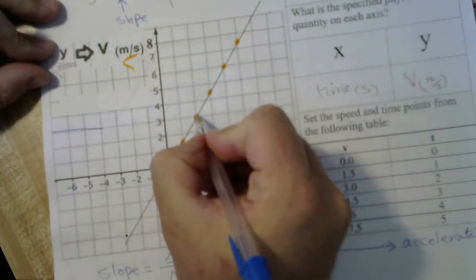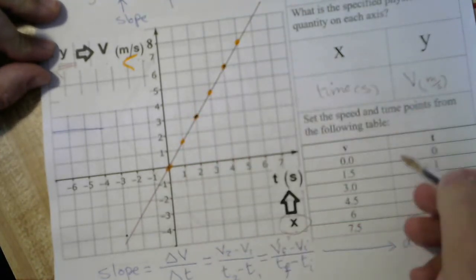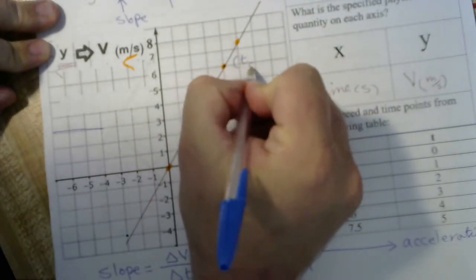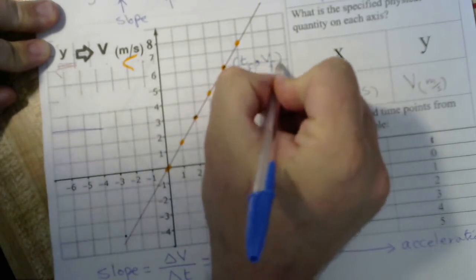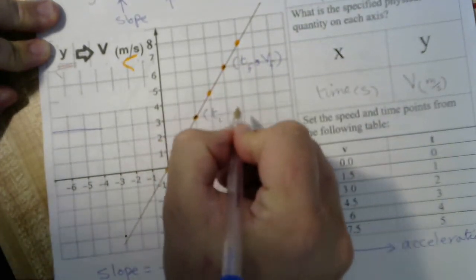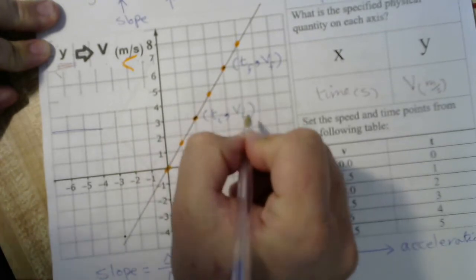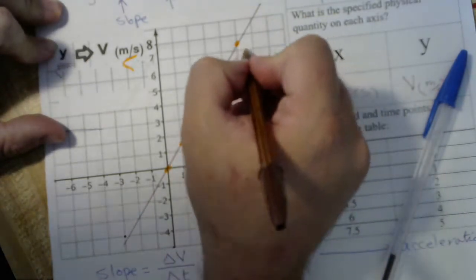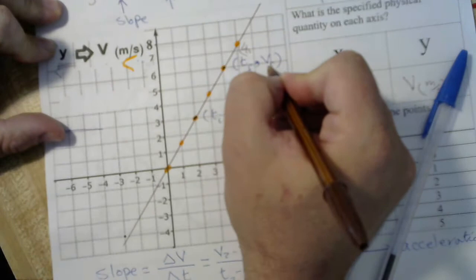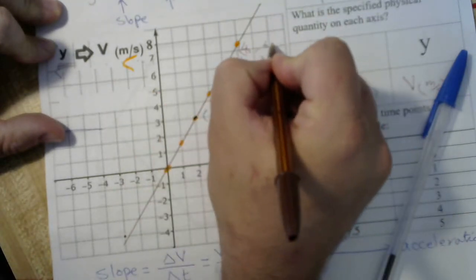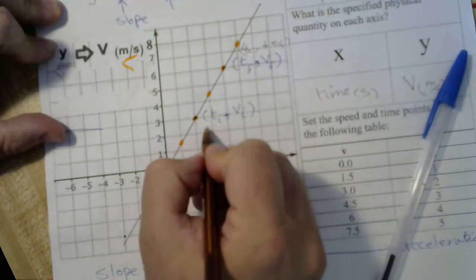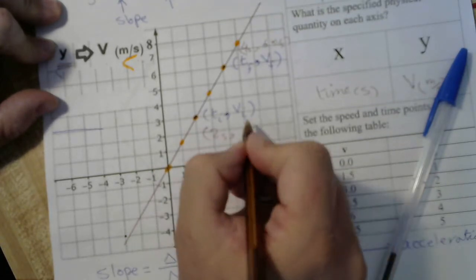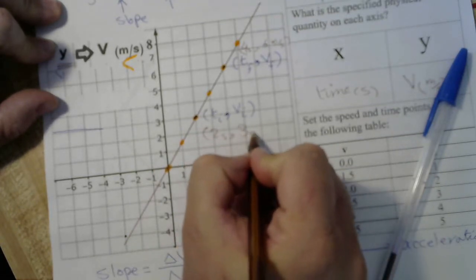I can take these from the table: t final and v final, and t initial and v initial. t final is 4 seconds and v final is 6 meters per second. t initial is 2 seconds and v initial is 3 meters per second.